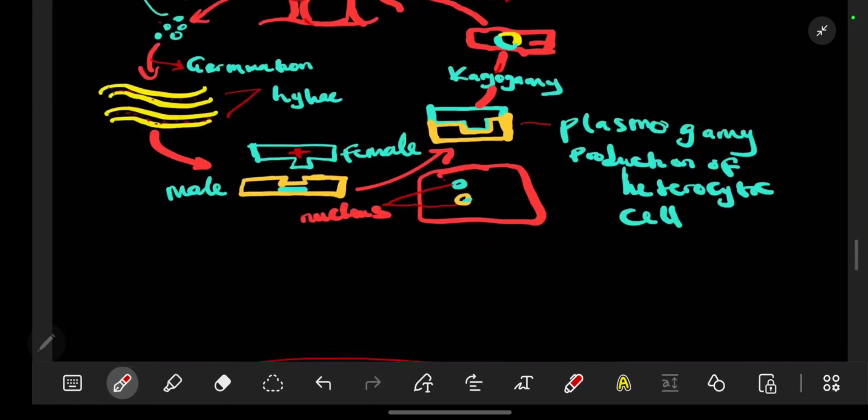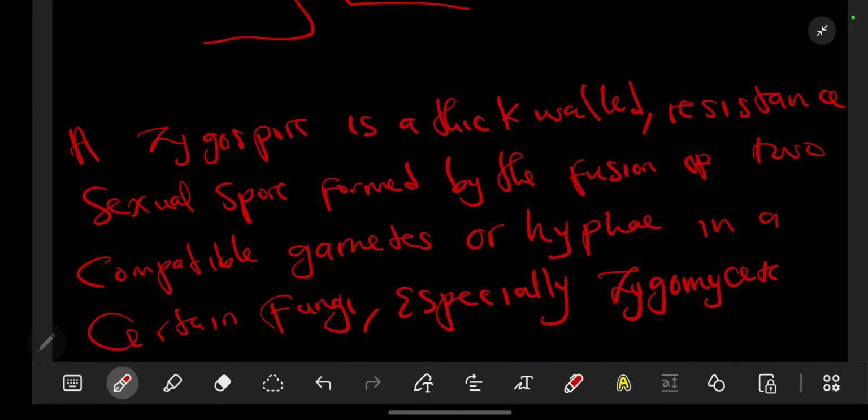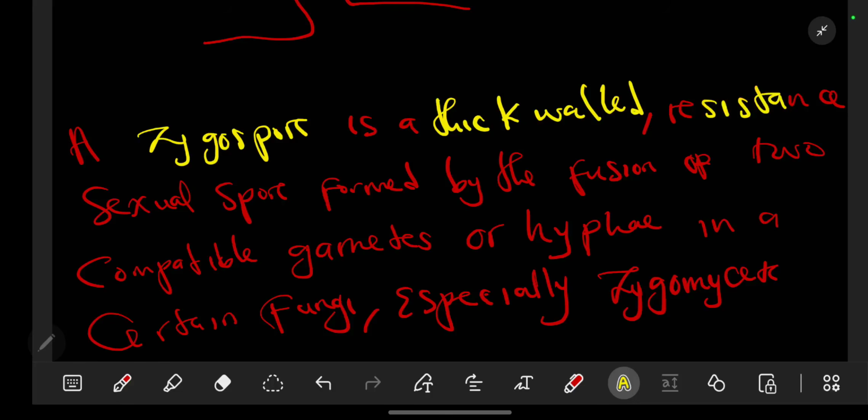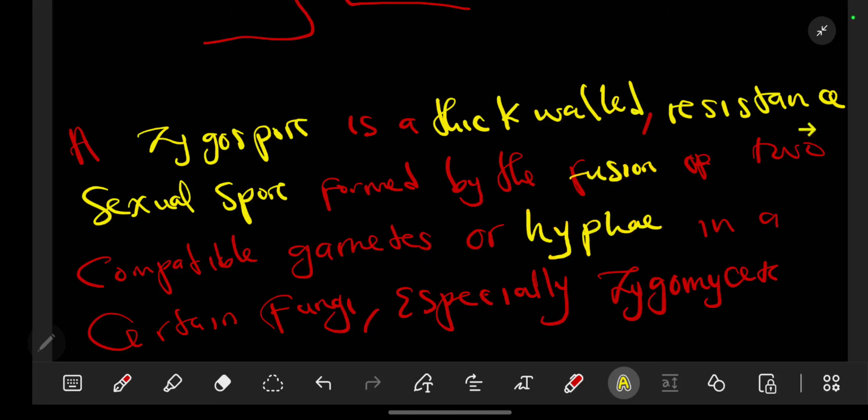So by definition, that's for those that are taking note: a Zygospore is a thick-walled, resistant sexual spore formed by the fusion of two compatible gametes, or rather hyphae.